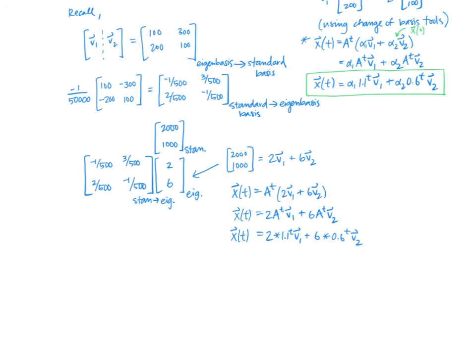Now, while this is absolutely valid, it's really nice to write this out in terms of the two components that are within x of t. So let's plug in what v1 and v2 actually are and add this out component by component.